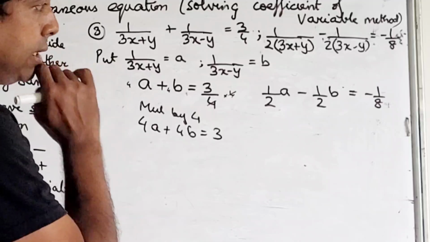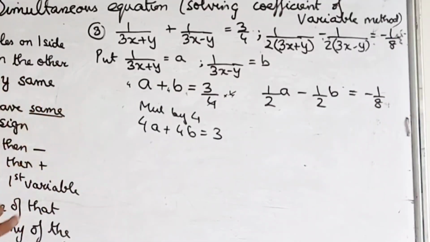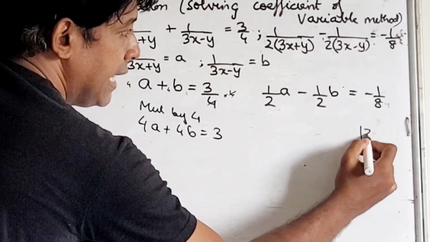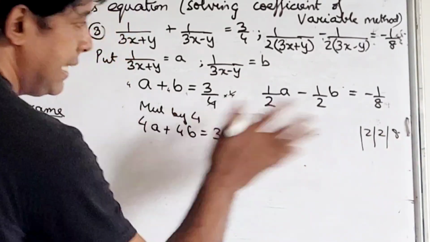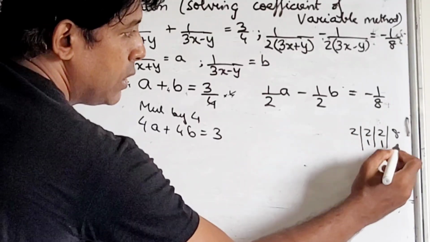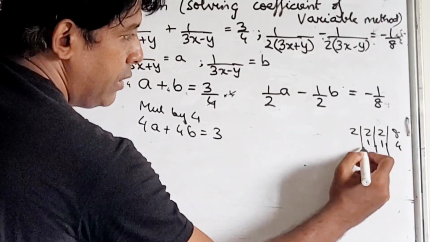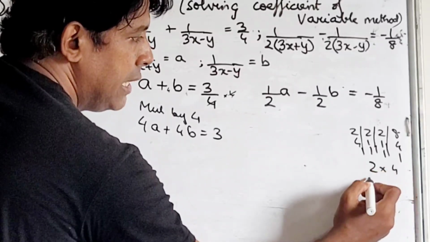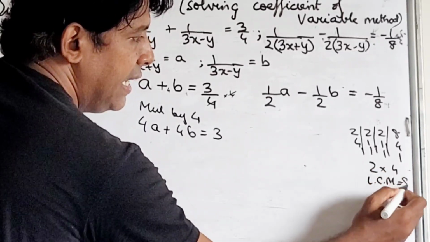Now, in this example, all three terms have a fraction, a denominator in it. So in that case, we need to take the LCM. We can't directly multiply by one term. 2 ones are 2, 2 fours are 8, and for the remaining term, 8 eights are 8. So the LCM is going to be 8.